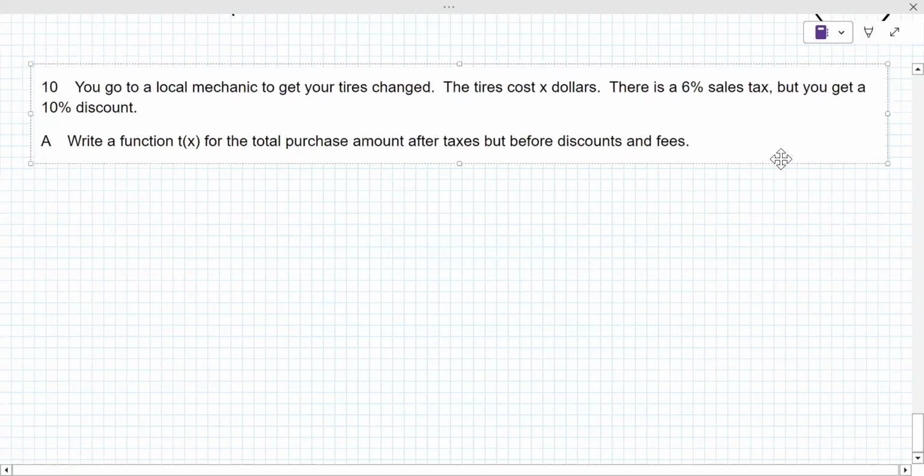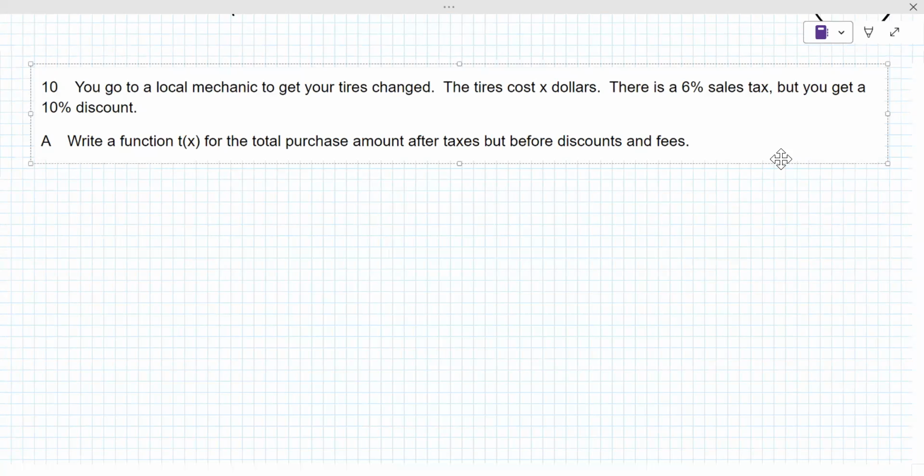You go to a local mechanic to get your tires changed. The tires cost x dollars. There is a 6% sales tax, but you get a 10% discount. Write a function t of x for the total purchase amount after taxes, but before the discounts and fees.